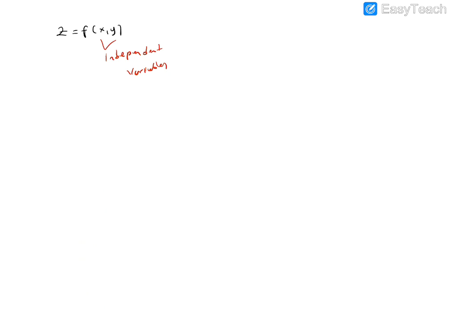And the variable z is the dependent variable. The domain is the set of all ordered pairs.